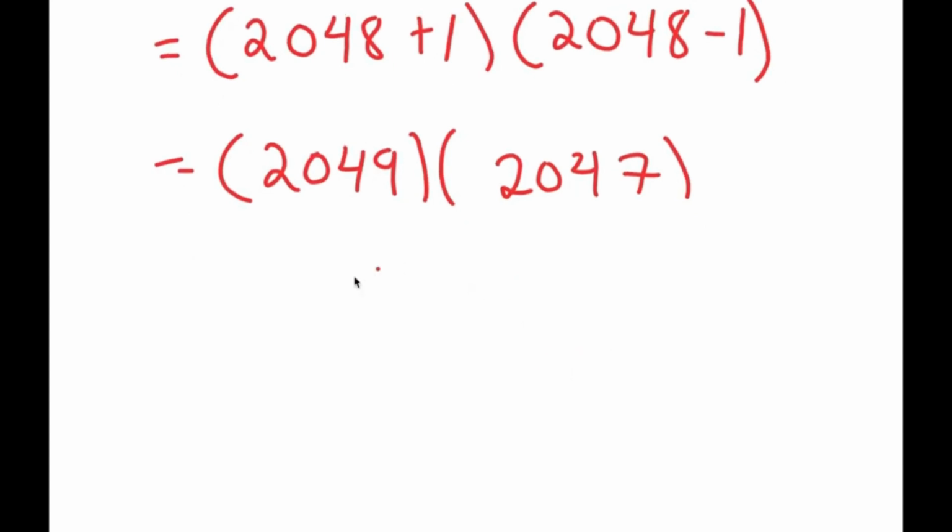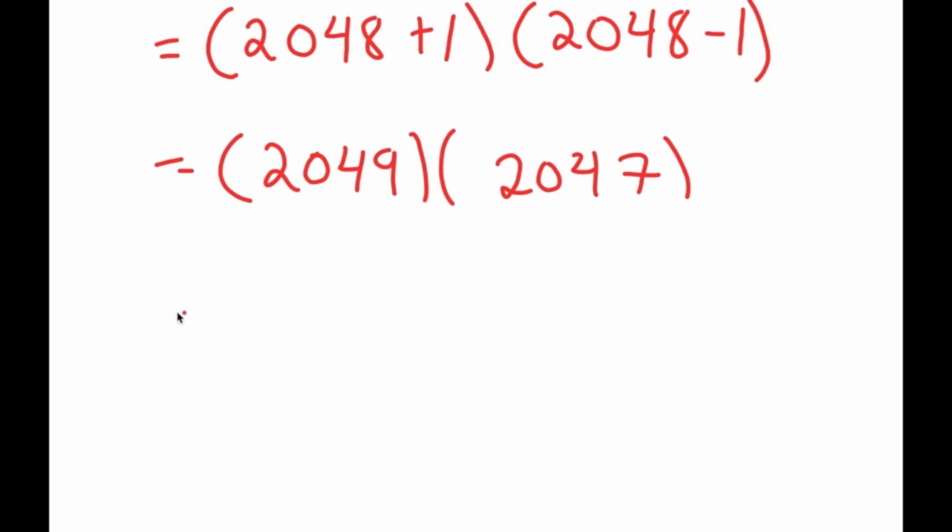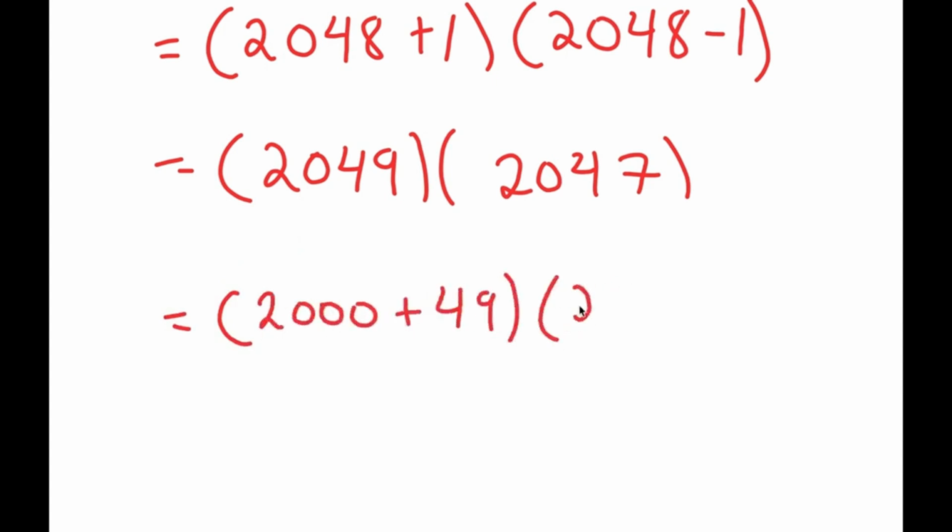And now, a simpler way of multiplying this, rather than the usual method, which takes way too long. So a much easier route is to rewrite this as 2000 plus 49 times 2000 plus 47.